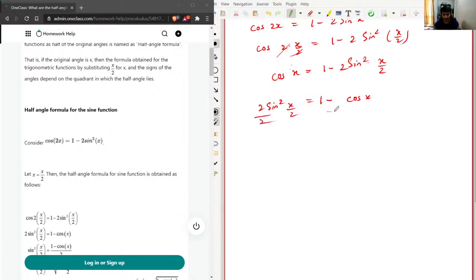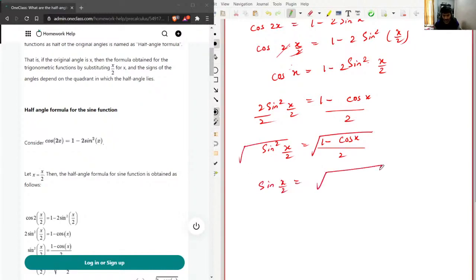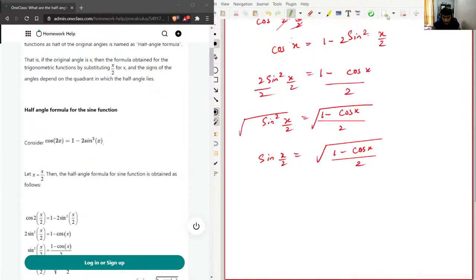We'll be dividing both the sides by 2, and this will become sine square x over 2 equals 1 minus cosine x over 2. Now we'll take the square root on both the sides. So finally we'll be ending up with sine x over 2 equals the square root of 1 minus cosine x over 2.